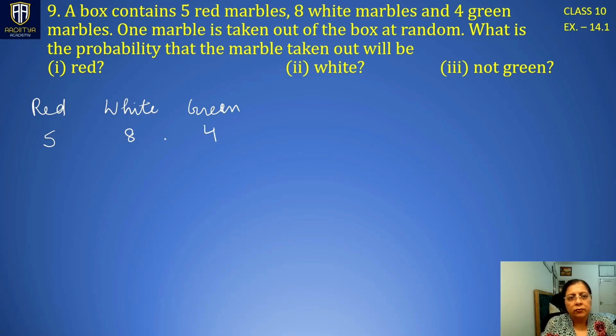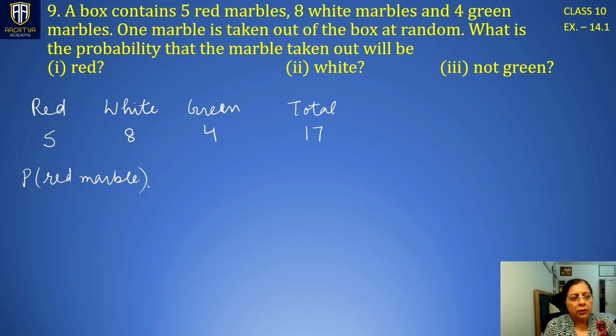So we have 3 different colored marbles in a box. So the total number of marbles is 5 added to 8 is 13, added to 4 is 17. Now he says one marble is taken out of the box at random. What is the probability that the marble taken out will be a red marble? So we have to find the probability of a red marble.